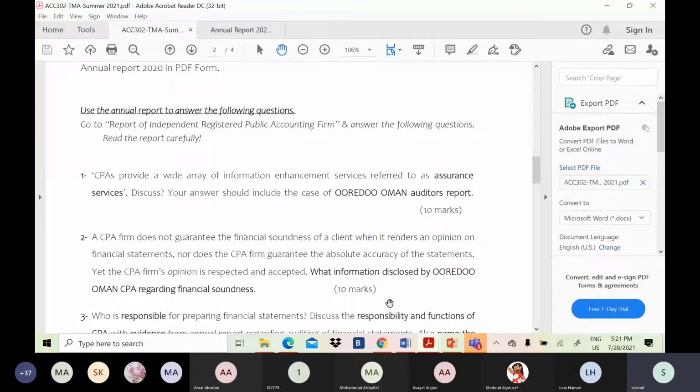And please remember when I said at the beginning, try to divide your answer into sections based on the question. And by the way, try to organize your answer by titles. يعني مثلا for example in this question, I can see question number 1, number A, assurance service explain, number B, evidence from أريد عمان.